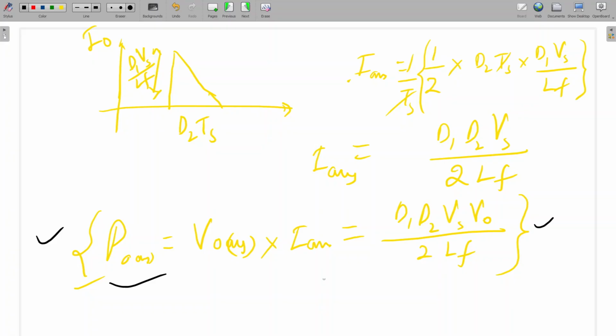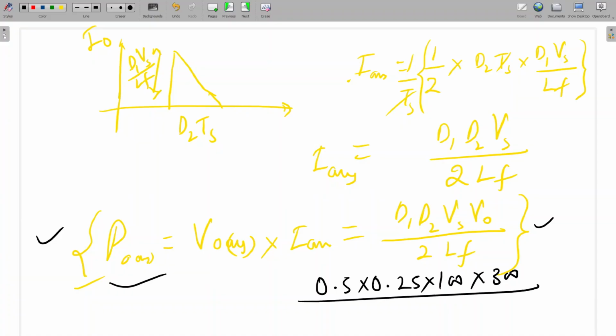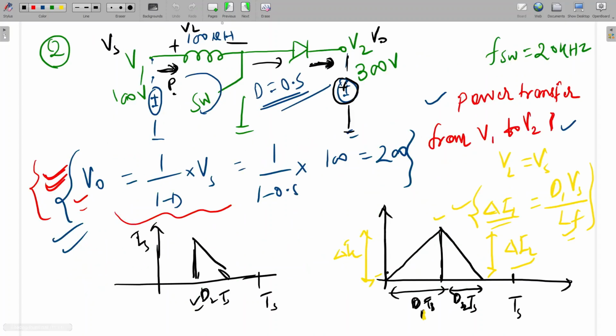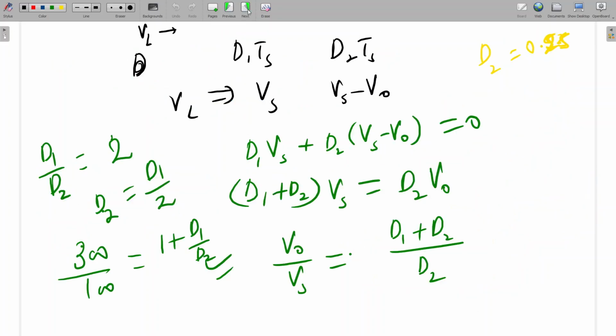Okay, so we can calculate from here. What is D1? D1 is 0.5, into D2 which is 0.25, into Vs 100 into 300, divided by 2 into L, which is 100 micro, into frequency 20k.